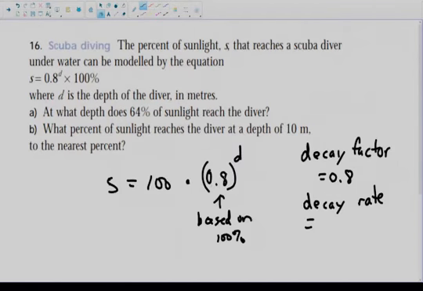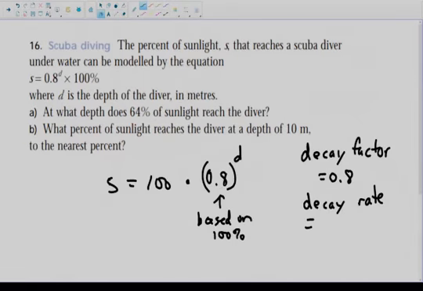So if this number is based on 100%, now, and this is where things get a little confusing, and I hope I'm not going to overly confuse things by trying to explain this. This 100% is not the same as this 100%, okay? This 100% is replacing an unknown starting amount. This 100% is telling us what our growth factor is changing by, okay?